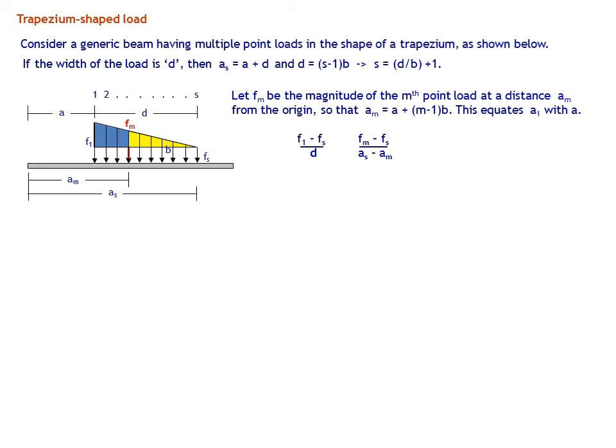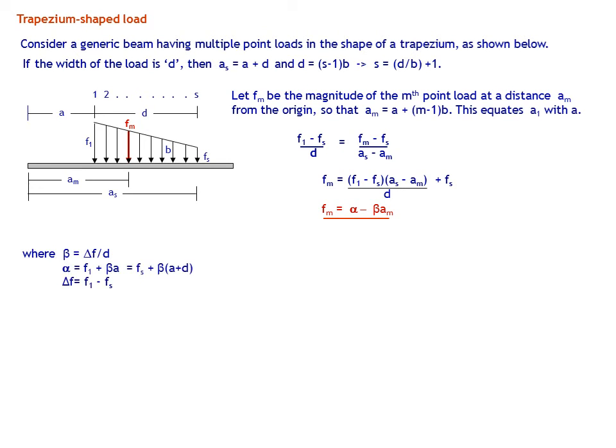As these two right-angled triangles are equivalent, the slopes are the same, giving this equation. After a bit of algebra, we can isolate Fm, which can be written in the compact form Fm equals alpha minus beta am, where beta is defined to be delta f over d, with delta f equal to f1 minus fs. This makes beta the slope of the load.